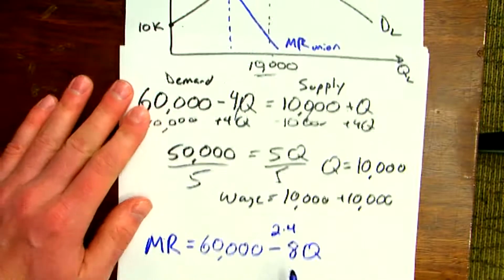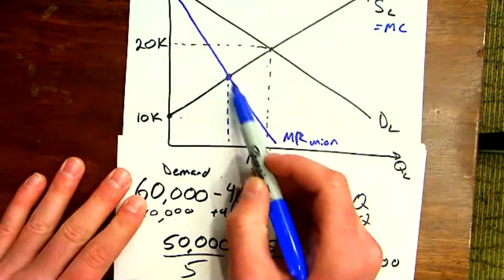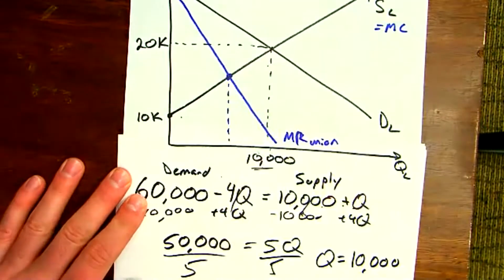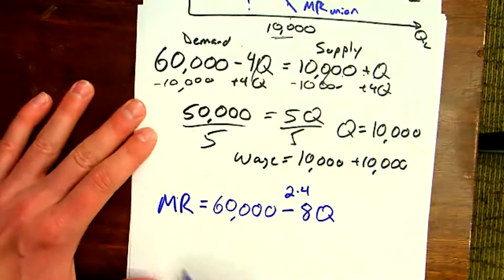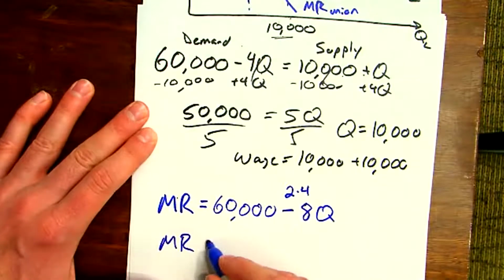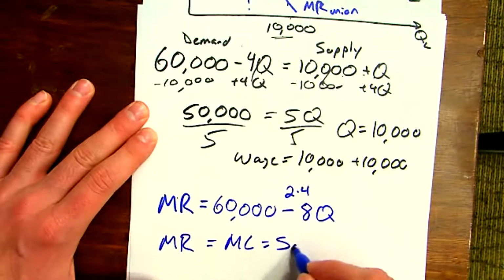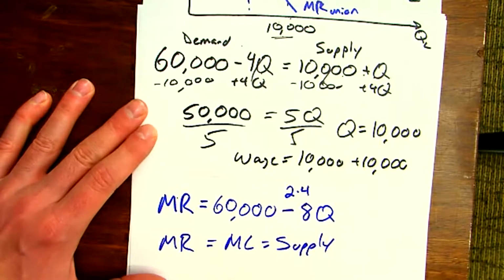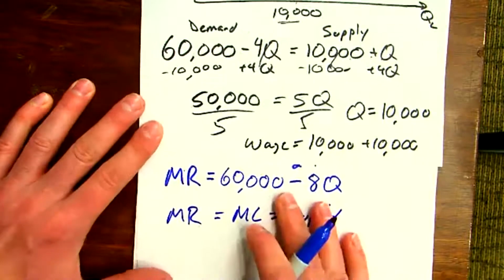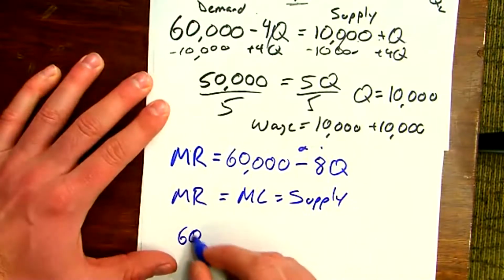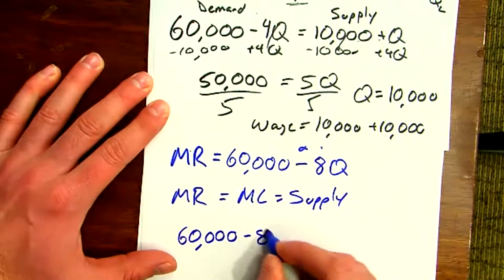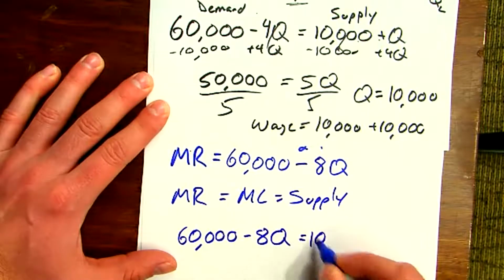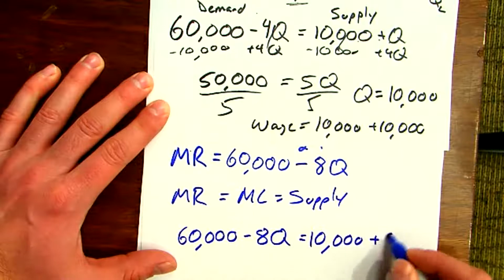Now all I'm doing is setting my marginal revenue curve equal to supply. So I'll set my marginal revenue equal to my marginal cost, which is my supply curve. So I've got 60,000 minus 8Q is equal to 10,000 plus Q.